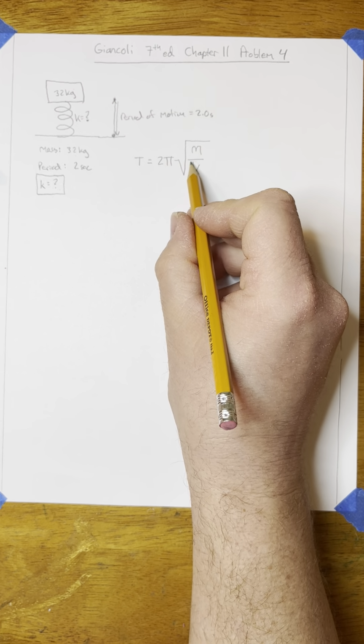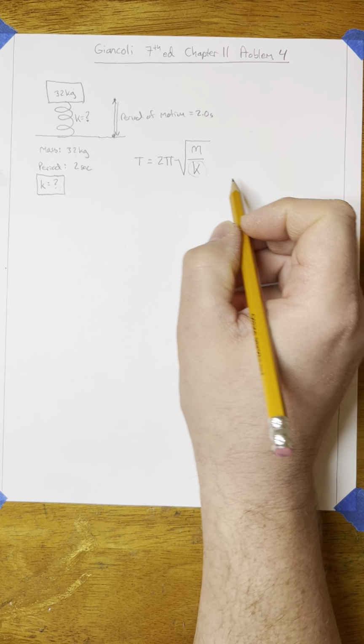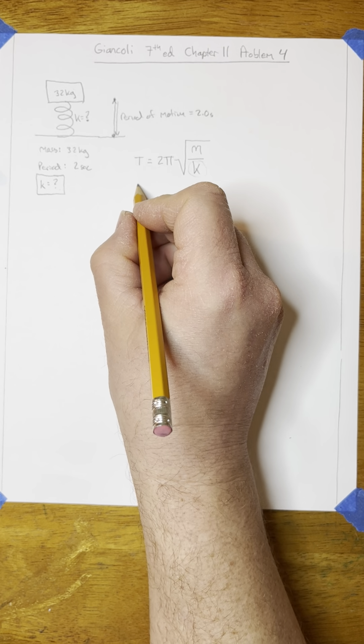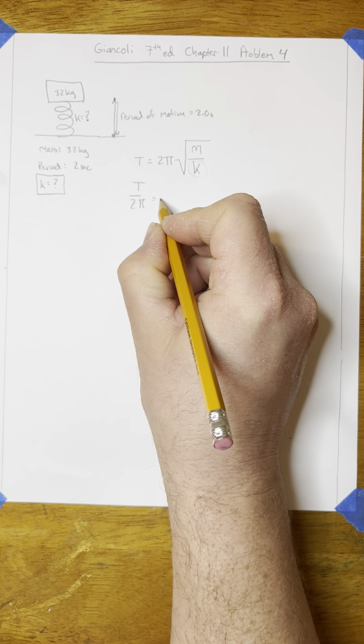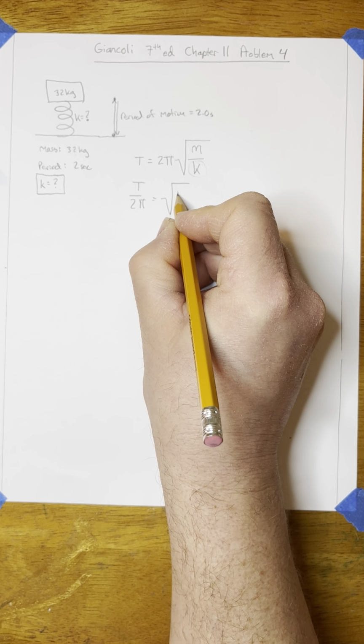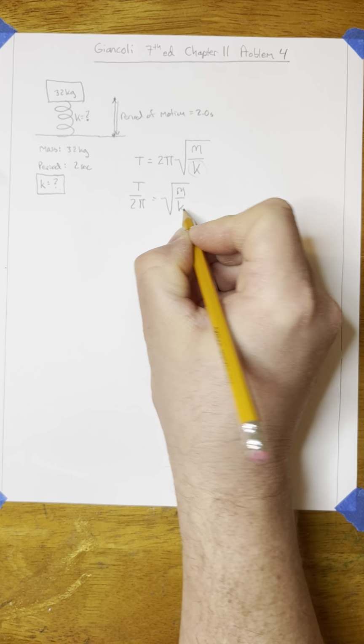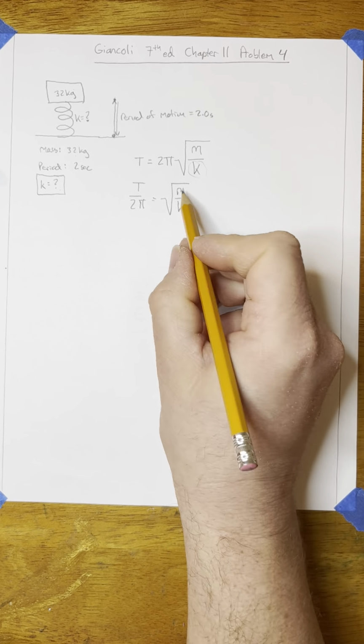So we're going to be solving for k. The first thing I'm going to do is divide both sides by 2 pi. And now I need to remove this radical so that I can isolate k.